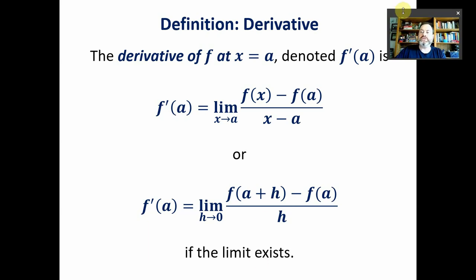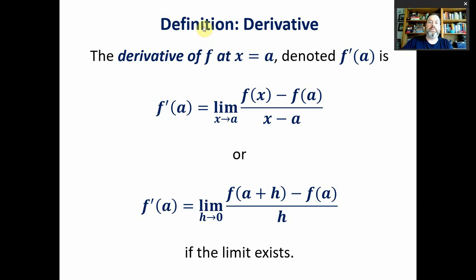It has a new notation, so when I write up here definition, that means you have to know what this means. So the derivative is either the slope of the tangent line, it's the instantaneous velocity, it's the rate of change of the function, the instantaneous rate of change. Any of those things are equivalent, and we denote it with a prime, like a little apostrophe.